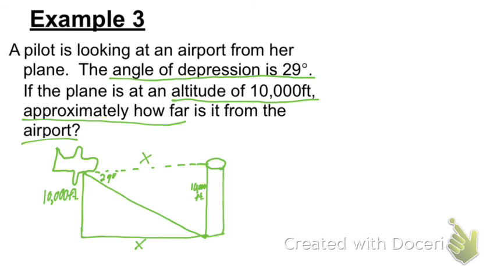Yeah, you could have this angle be 29 here, right? It could be an angle of elevation looking up as well. Okay, somebody at the bottom of the airport was looking up toward this plane. Not the pilot, but someone else, okay?